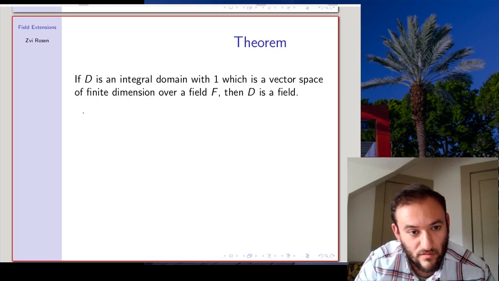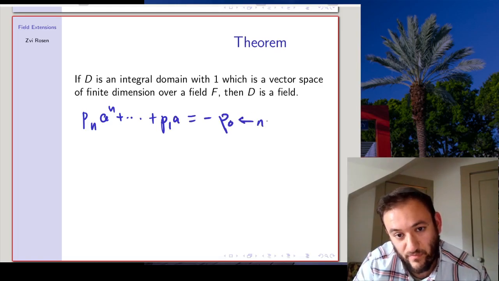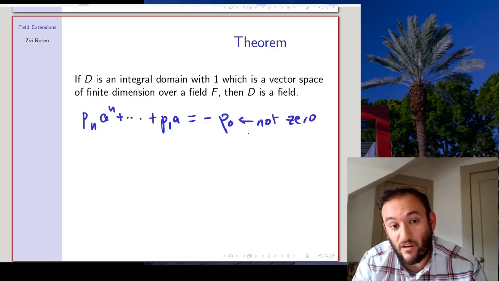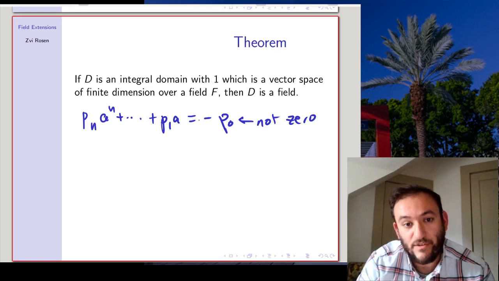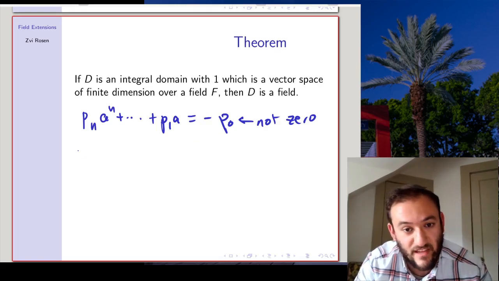Okay, so that means that P_n a to the n plus down to P_1 a is equal to minus P_0, where this is not 0. Since it's not 0, and we know that all of these P_i's are coefficients from the field, this is going to be invertible. So we can multiply by the inverse of negative P_0.